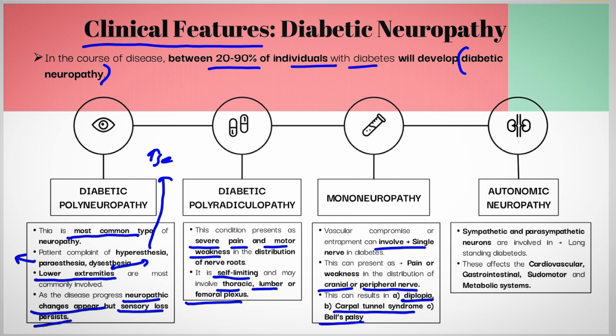Coming to the autonomic neuropathy, the sympathetic and parasympathetic neurons both can be involved, and usually this autonomic neuropathy is seen in persons with long standing diabetes, and it can affect cardiovascular, gastrointestinal, pseudomotor and metabolic systems.